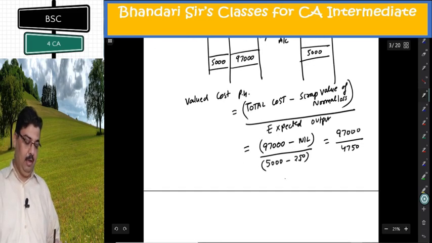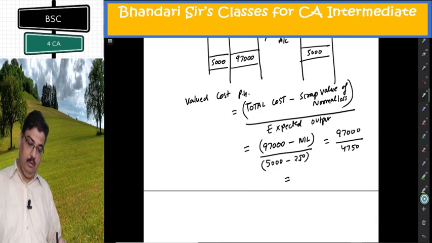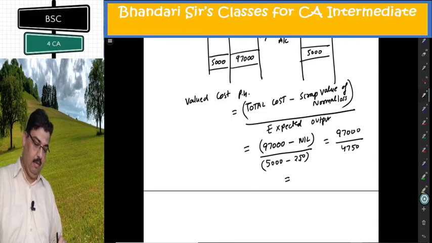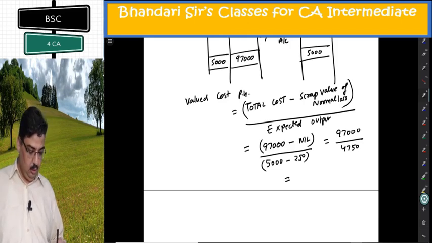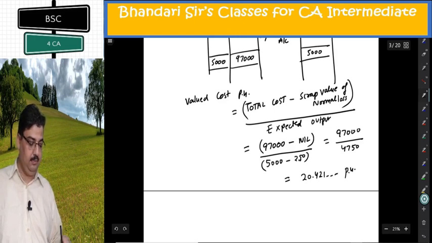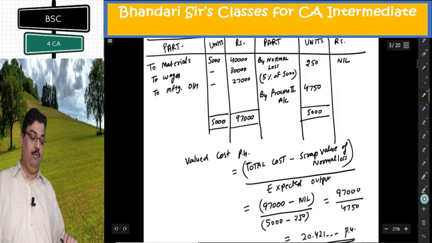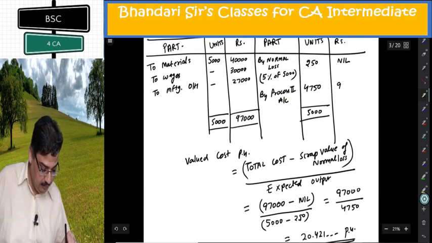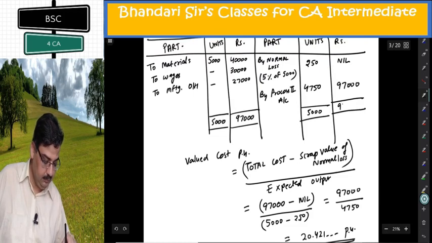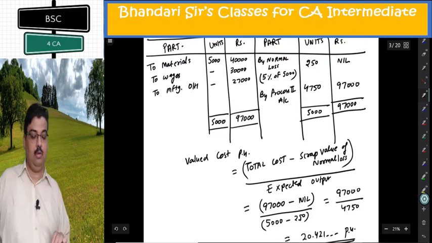What am I getting per unit? 97,000 divided by 4750 is 20.421 per unit. Now, if I apply that on 4750 again, I will get 97,000 only. This is the complete process account.